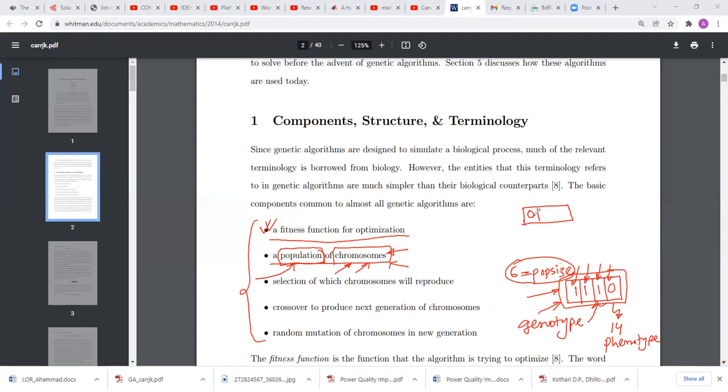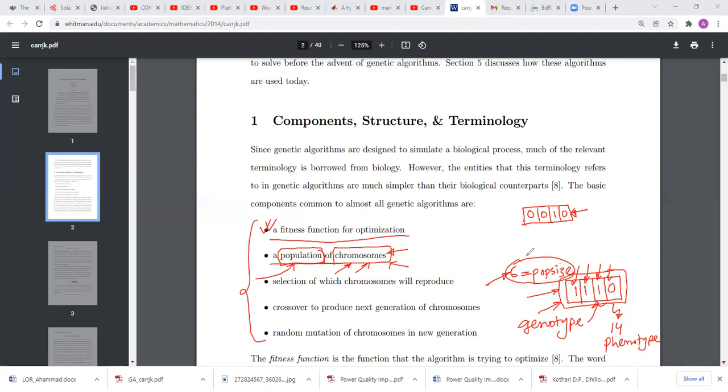The first toss yielded 0, the second toss yielded 0, the third toss yielded 1, the fourth toss of the coin yielded 0. So this is my first chromosome. Got the idea? I have to repeat this sequence of tossing the coin 6 times. So 6 multiplied by 4 bits, 24 times I have to toss the coin for generating the initial set of population or initial set of chromosomes.